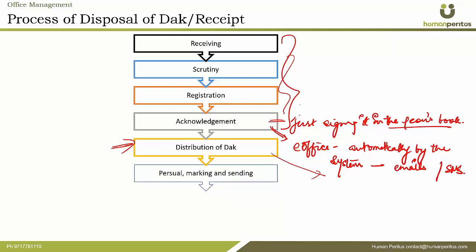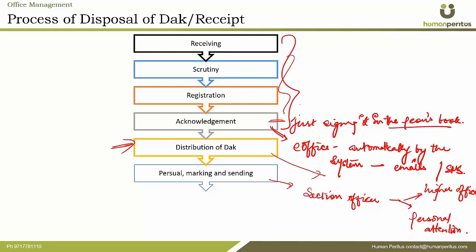Then comes the perusal, marking and sending of the receipts. After receiving the dak or the receipts, the role of section officers comes into play. The section officer will separate the receipts that would be seen by the higher officers. He would separate them: this kind of receipt my higher officer will be looking into, and some kind of receipt will be retained for his personal attention.